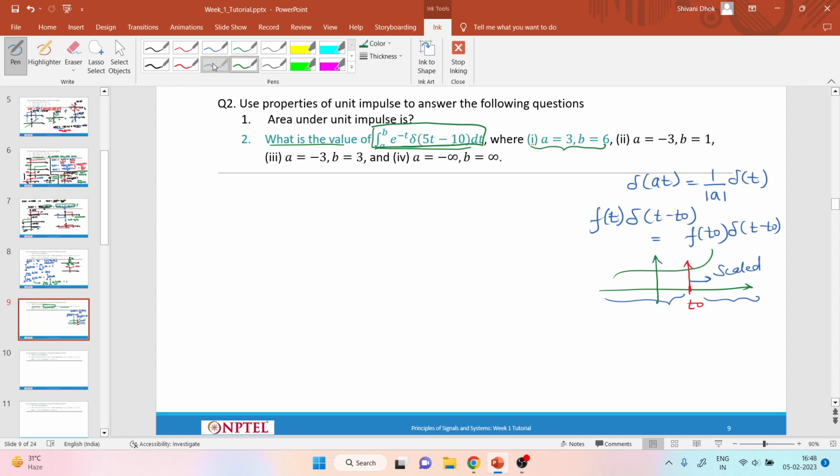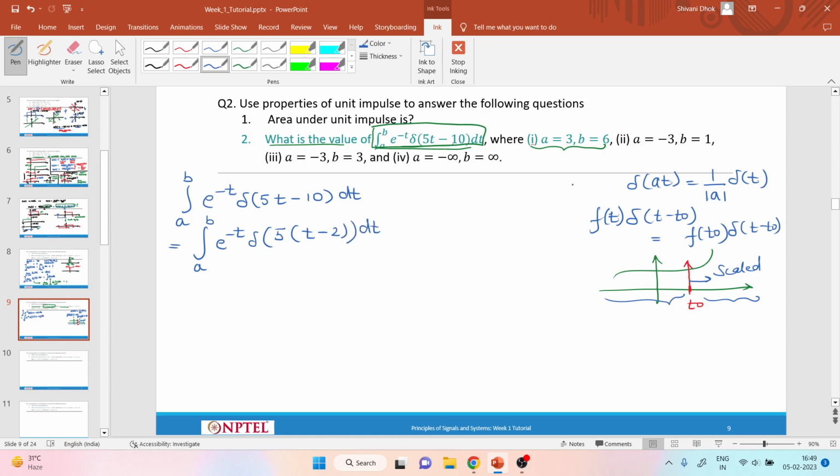So the integral is a to b e power minus t delta 5t minus 10 dt. So this can be written as a to b e power minus t delta 5 times t minus 2 dt.